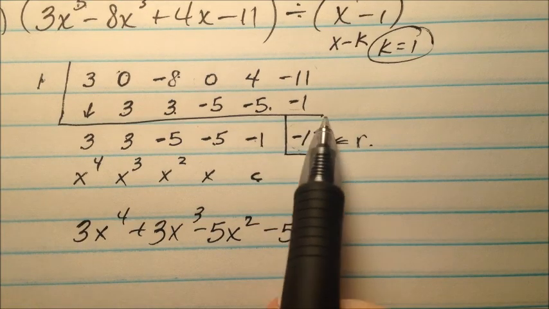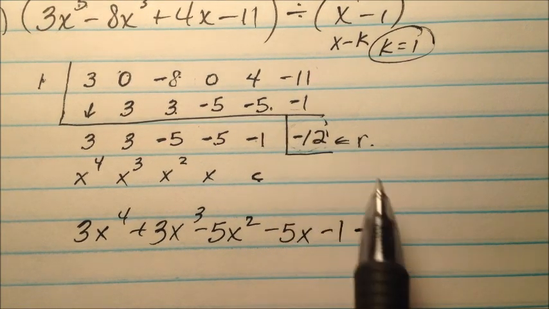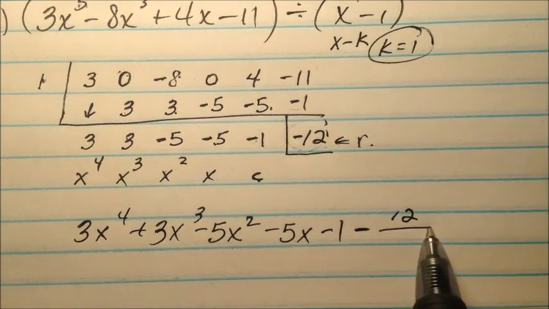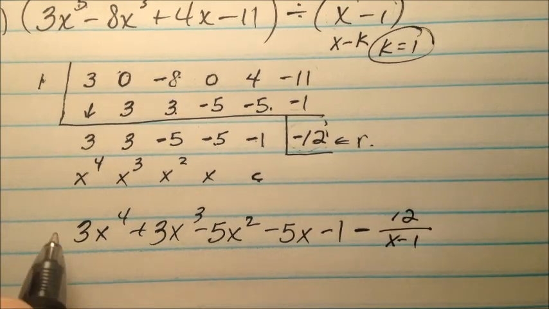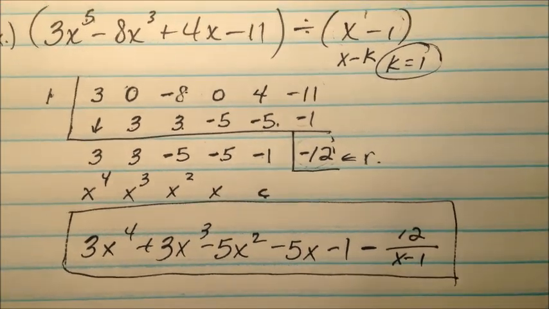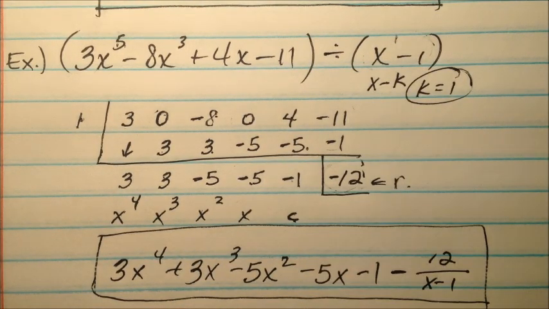And we're not done because we have our remainder. He's negative, so I'm going to put a minus. And again, if he was positive, I'd put a plus. But he's negative, so minus 12 over my divisor, x minus 1. So here's going to be the quotient, the answer to my division problem, when I divide this fifth degree polynomial by x minus 1.